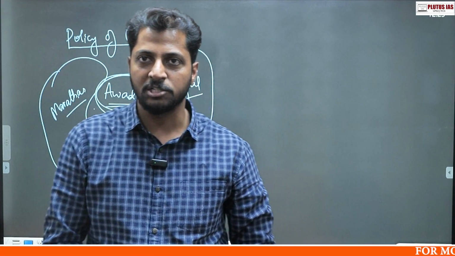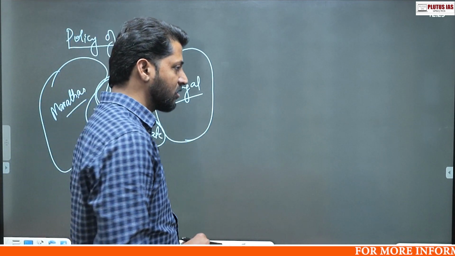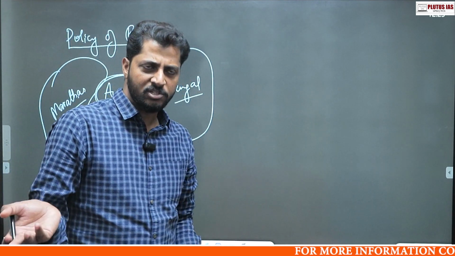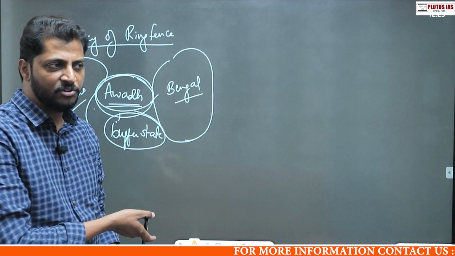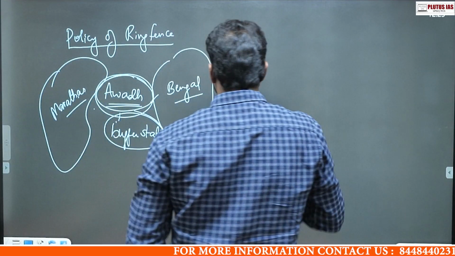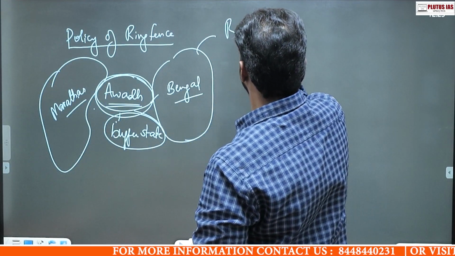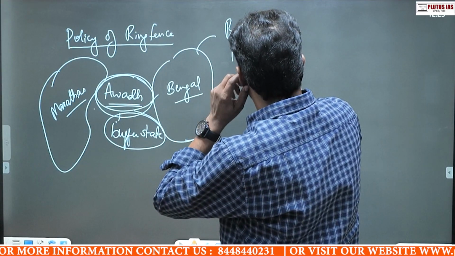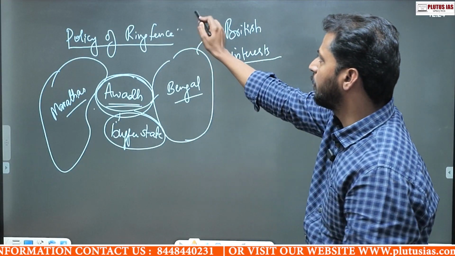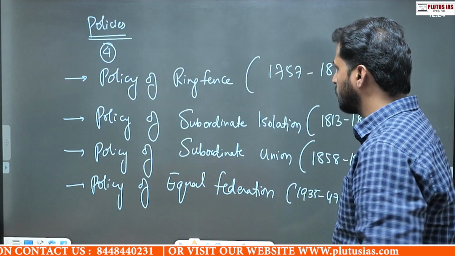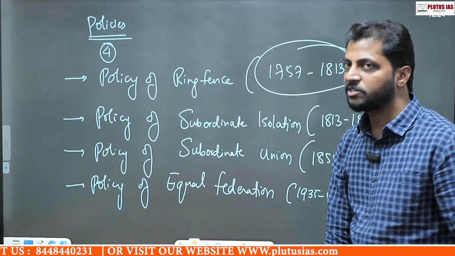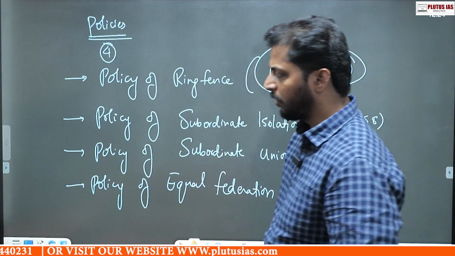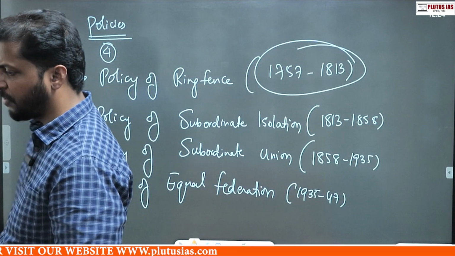That is the concept of the policy of ring fence. Many states like Hyderabad and Awadh were kept as buffer states. This protected the British interest. This policy was followed from 1757 to 1813, where many states were kept as buffer states.